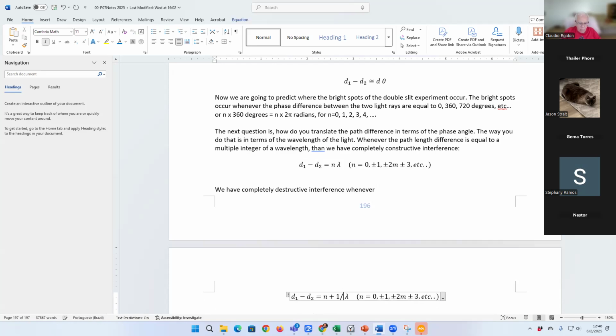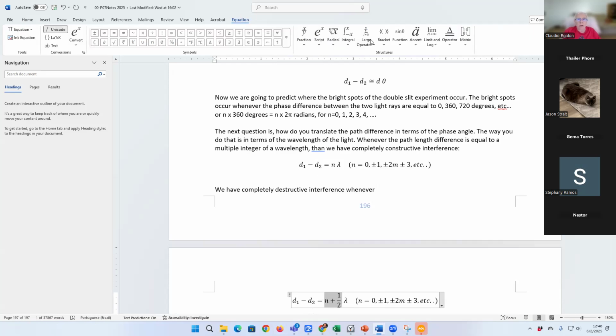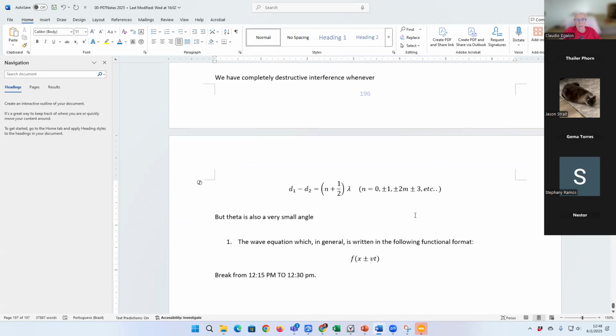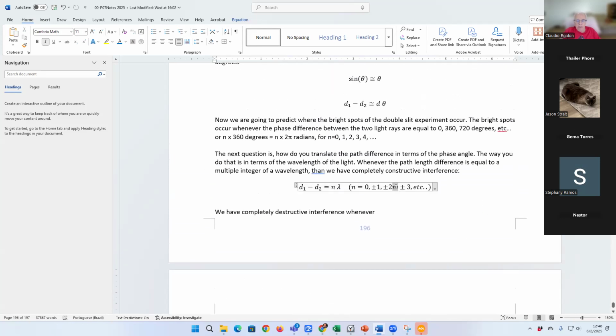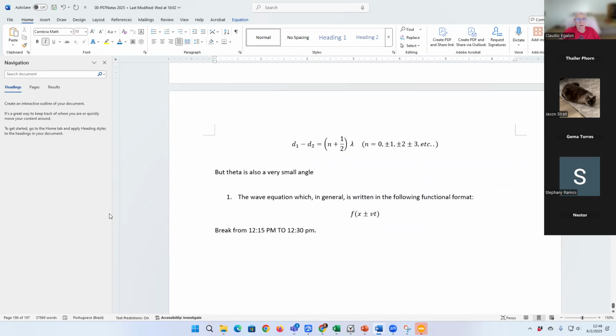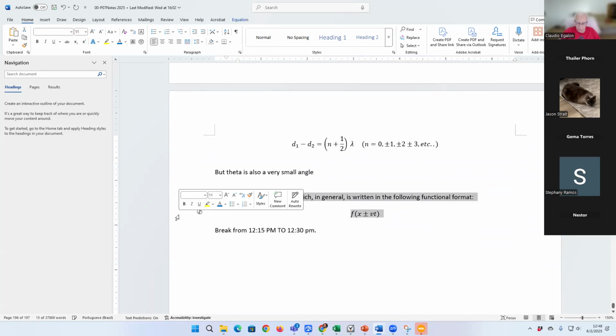We put n plus 1/2 in parentheses, n equal to 0, plus or minus 1, plus or minus 2, etc. It's not m here, let's remove this m. And then you have everything else in between, all right?